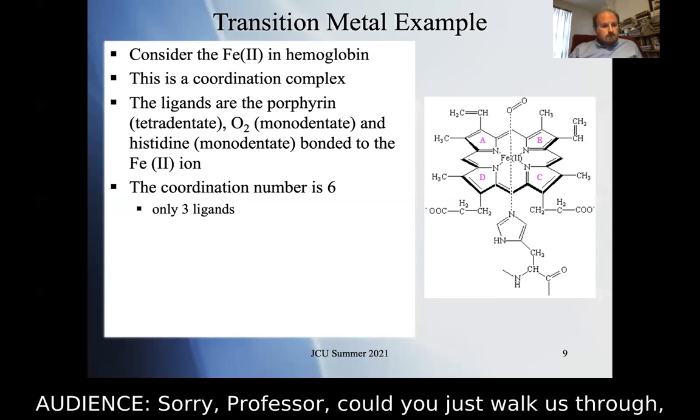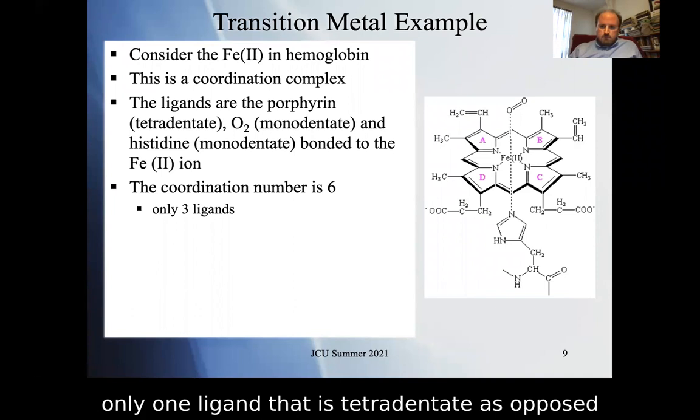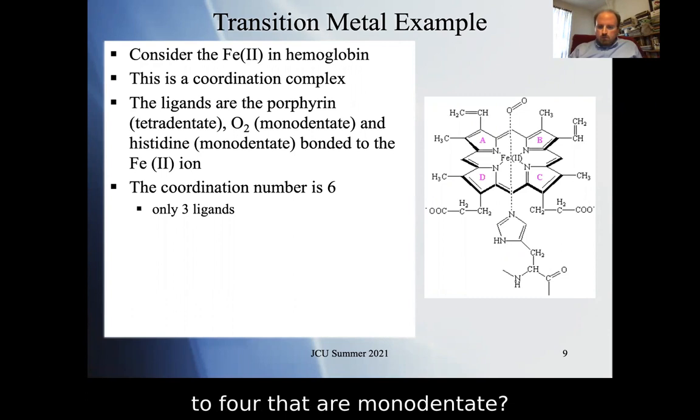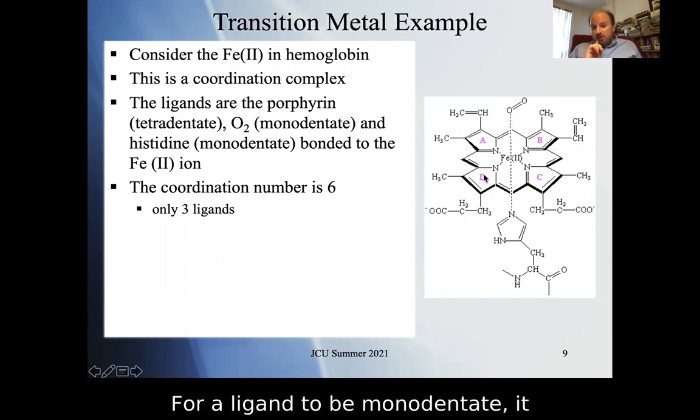Sorry, Professor, could you walk us through one more time how we know that the nitrogen is really only one ligand that is tetradentate as opposed to 4 that are monodentate? Well, if you look, this whole thing is all connected. For a ligand to be monodentate, it needs to be a standalone entity.